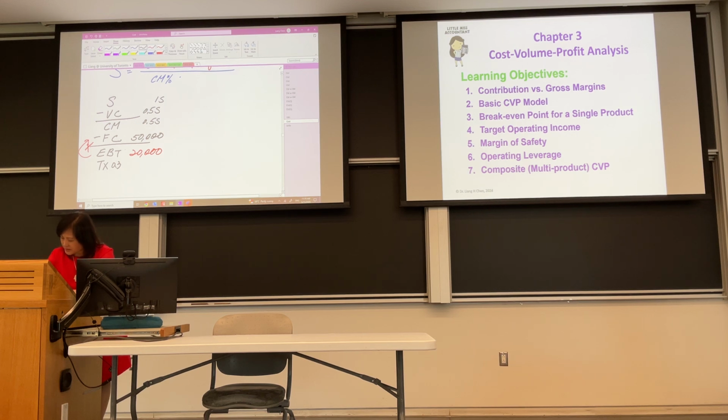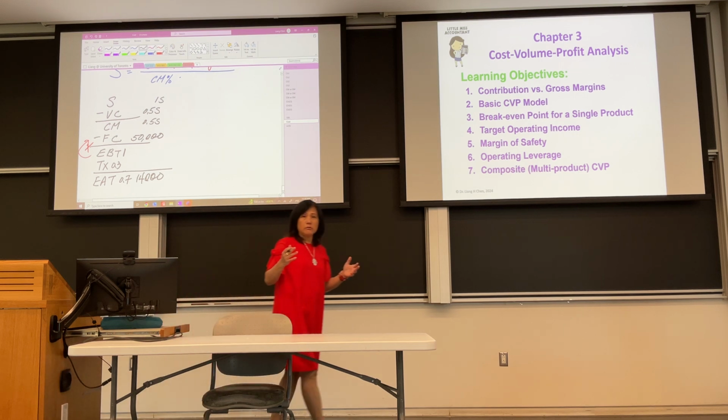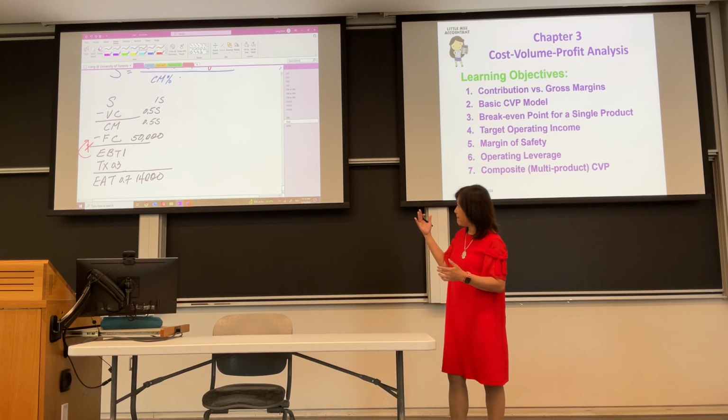So this is 1, this is 0.3, so earnings after tax is 0.7. So this one is 14,000. Okay, so suppose you don't know this number. You don't know before tax income.